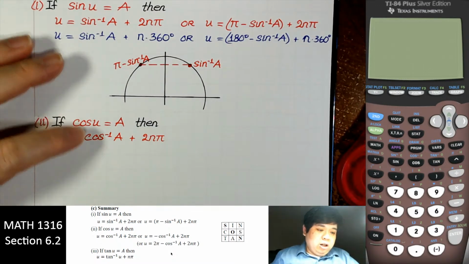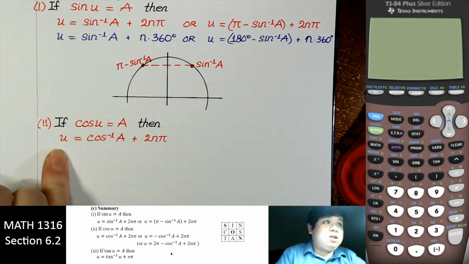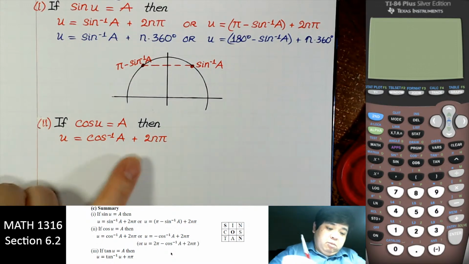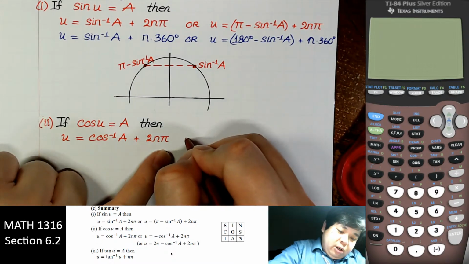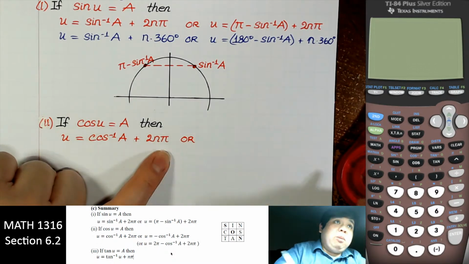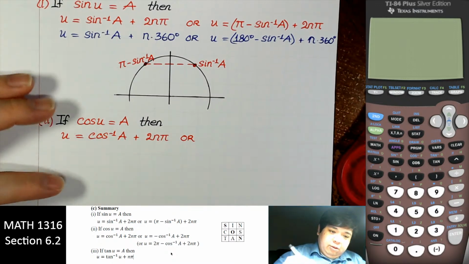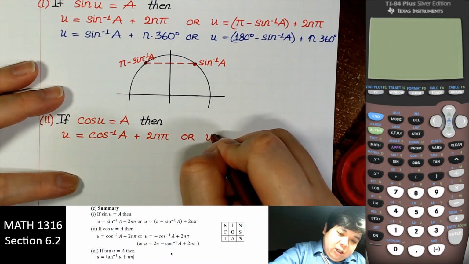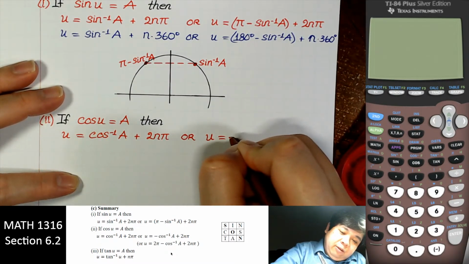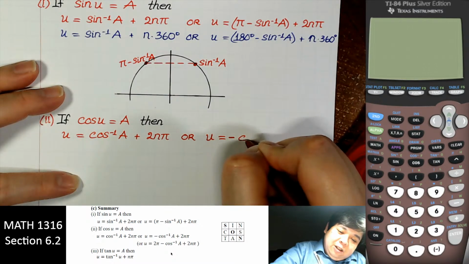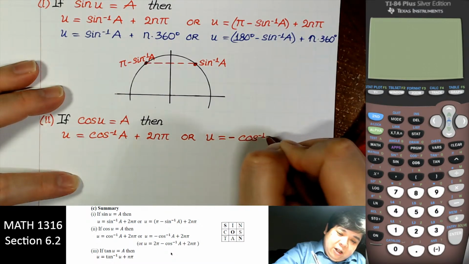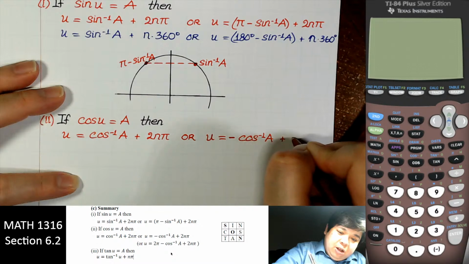So from cosine, go back, cosine inverse gets us the angle, the coterminal angle, or we have another value for that. And here I will write negative cosine inverse of A plus 2n pi.